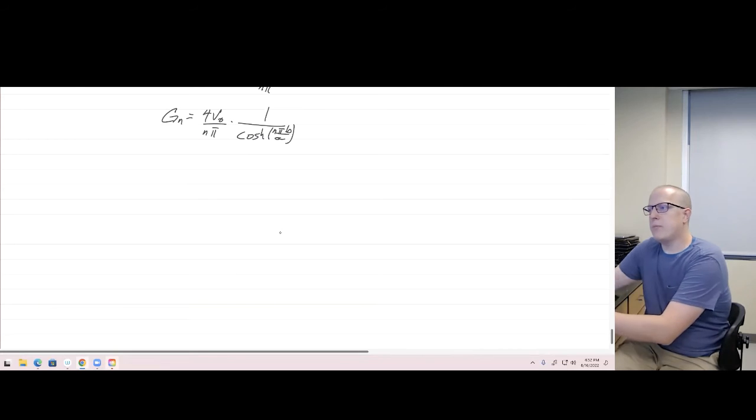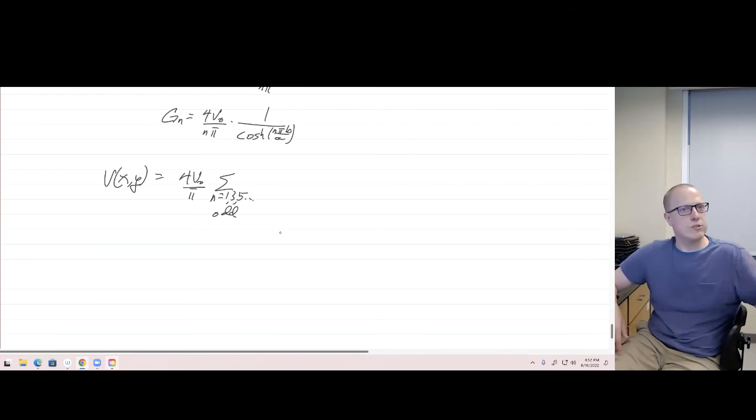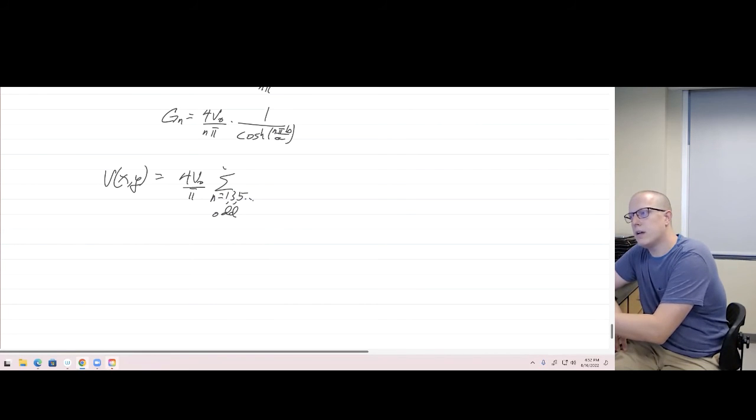And so finally, we can put all that together and get our complete final answer. And that would be 4 V0 over pi. We have our big sum. Remember that this only works for odd n's, so we don't have n equals 2, 3, 4 all the way to infinity.